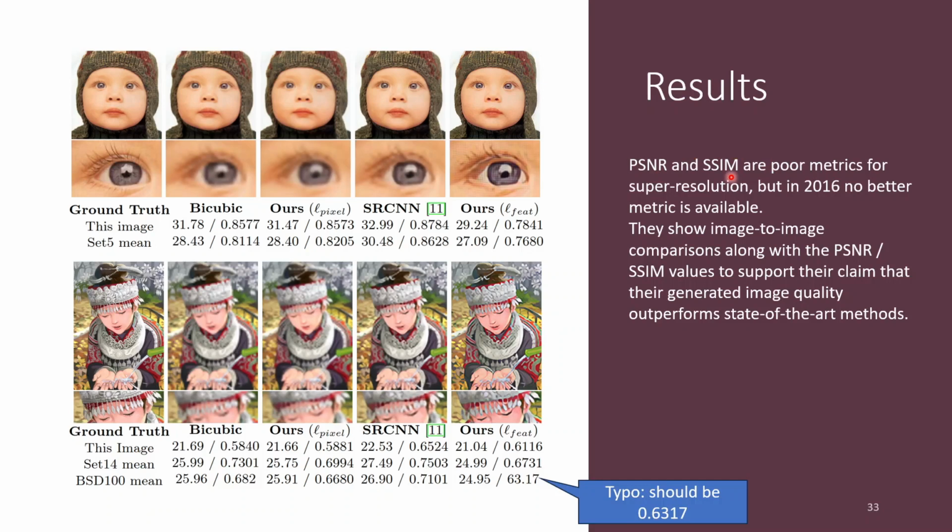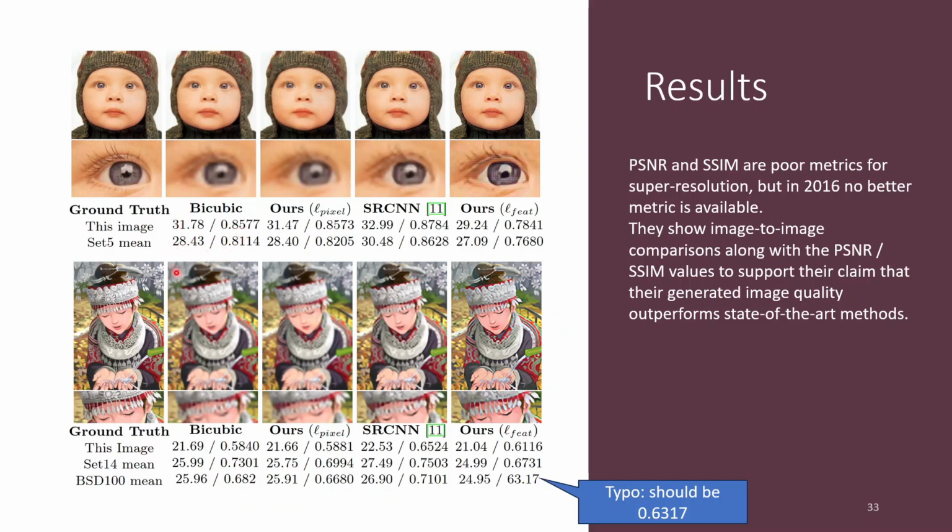Okay, I should say, in 2016, there were no better or more convincing metrics. So the researchers in that year had no other way. Either they use these, or they do a human subjective study. Okay, so let's see. The PSNR is the higher the better, and the same for SSIM.